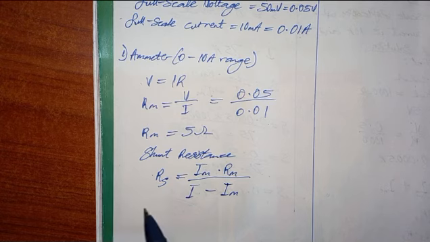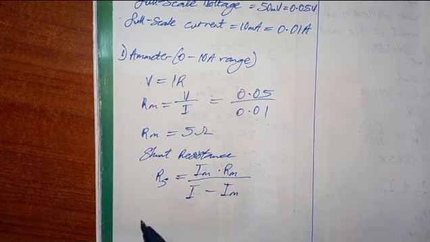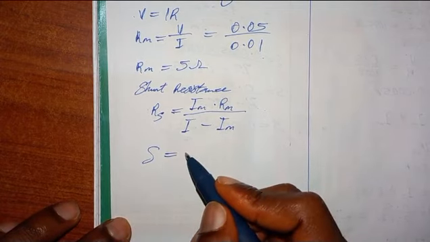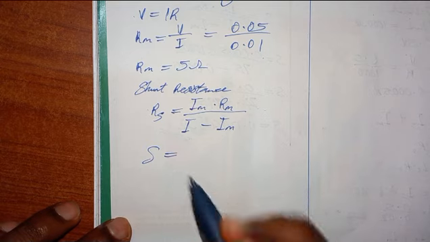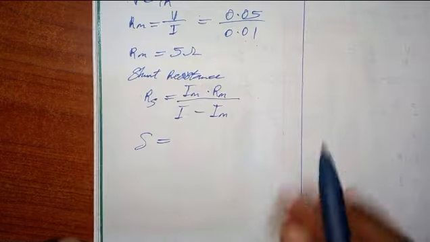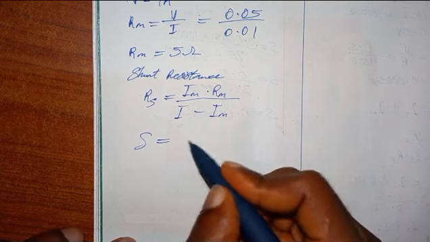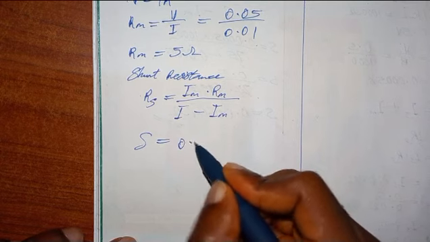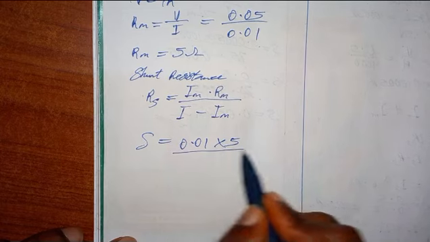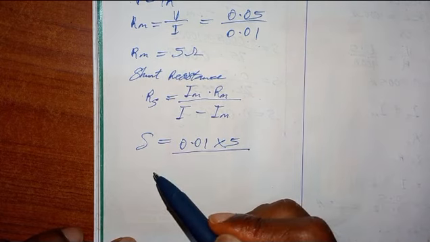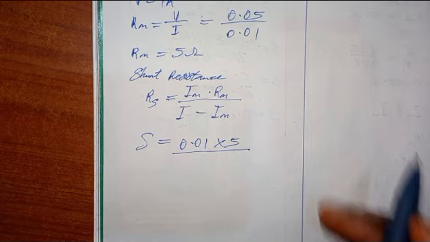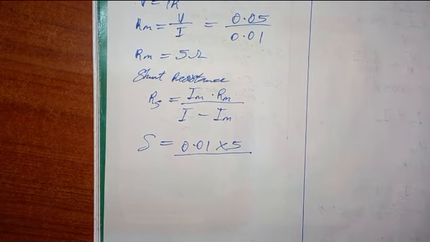Moving down here, S equals Im, which is 0.01, times 5, which is the resistance rather. Sorry, that's not voltage, 5 ohms is the resistance, not the voltage.